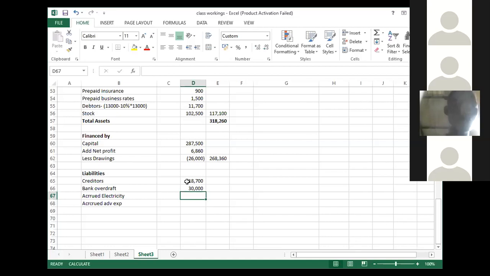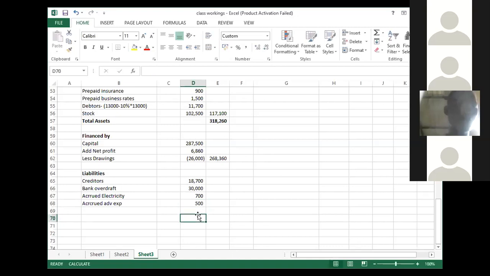Therefore, accrued electricity was 700 from the additional information. Kindly confirm that. And then we have accrued advertising expenses. What was the amount? 500.